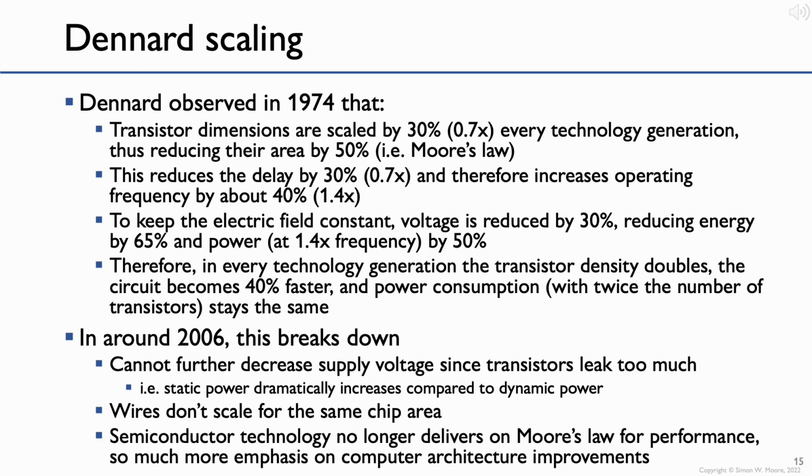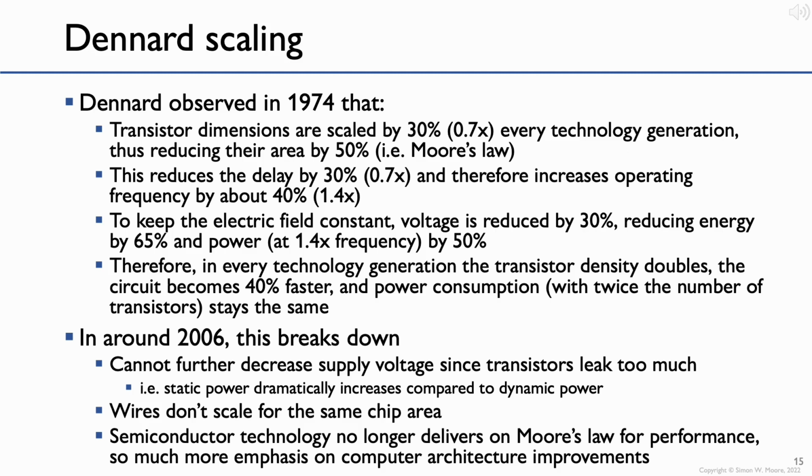Now let's look at transistor scaling in a little bit more detail, and look at observations from a chap called Dennard back in 1974. So he observed that transistor dimensions are scaling by 30% on each side every technology generation, thus reducing the area by 50%, i.e. Moore's law. This reduces the delay through the gate by 30%, and therefore increases the operating frequency by about 40%.